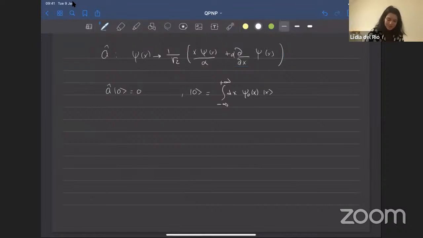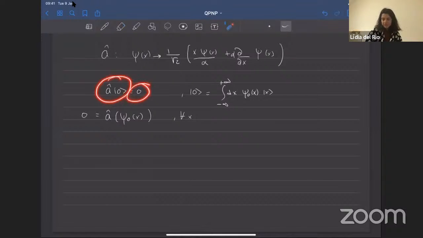So what we know is that A applied on this psi 0 of x must be 0 for all x. Right? That's the only way to make this work.